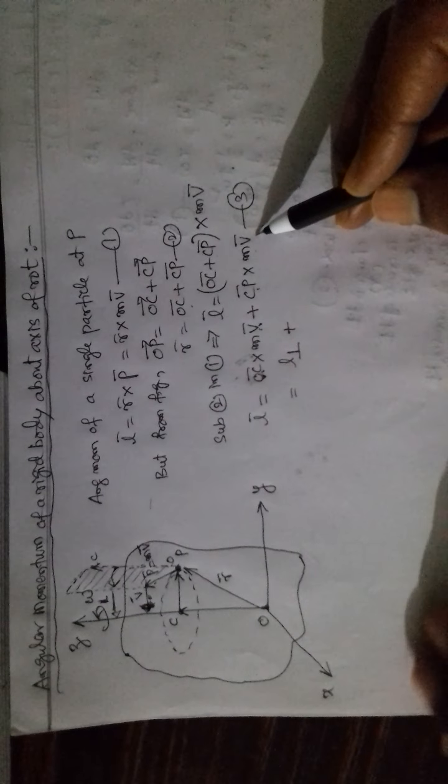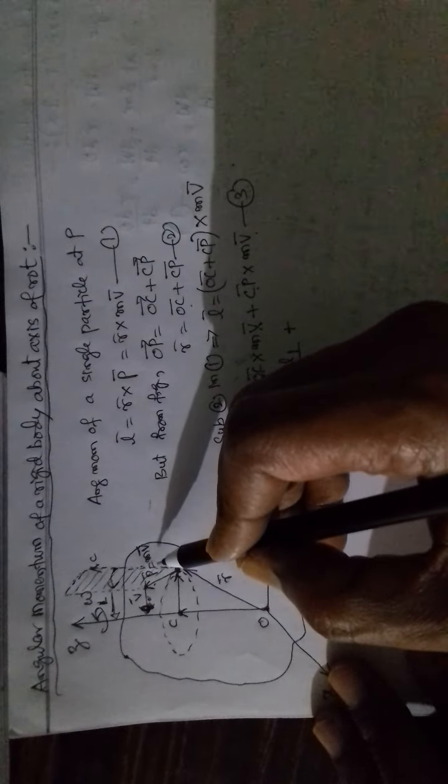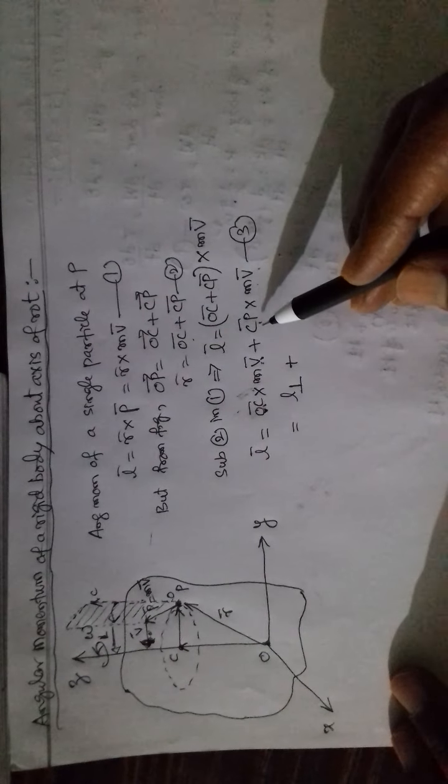Now CP cross MV. So this is CP and this is V. To find CP cross V, let us shift CP along the same line to the right-hand side. Suppose this is CP and this is V, the velocity vector. Now let us form a plane.